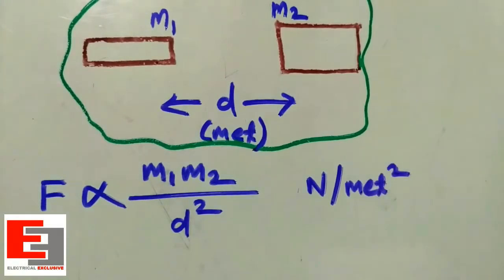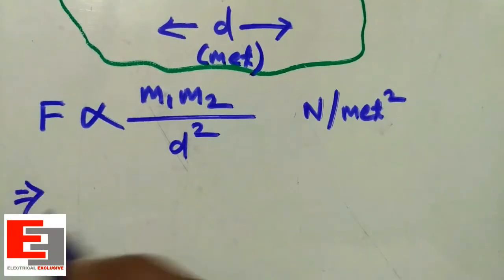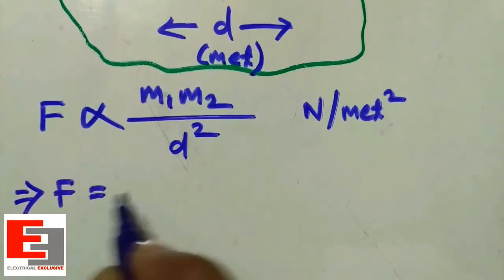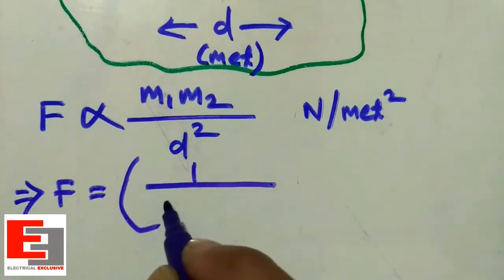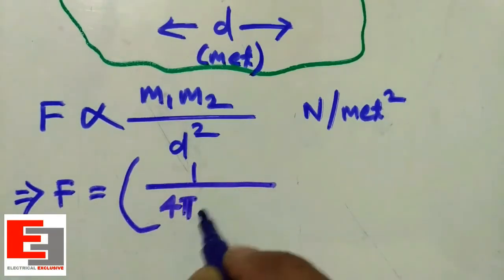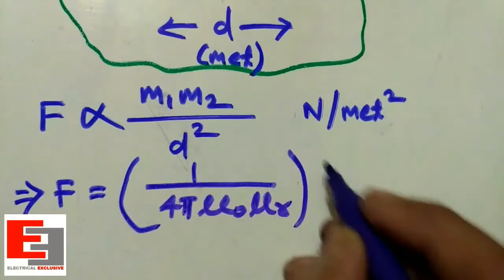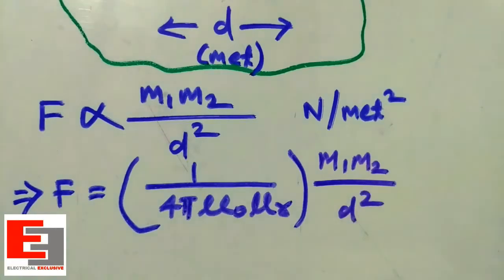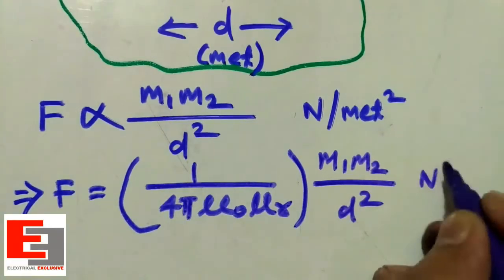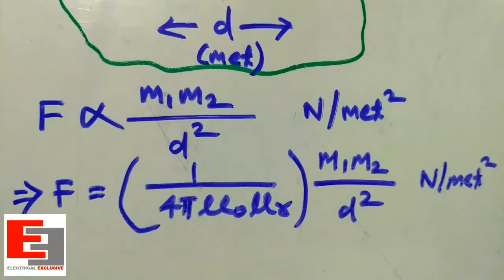Let's further simplify this expression, which implies force F is equal to a constant, 1 by 4 pi mu0 mu_r, whole into M1 M2 by d square. The unit is the same, Newton per meter square. The letter mu refers to permeability.